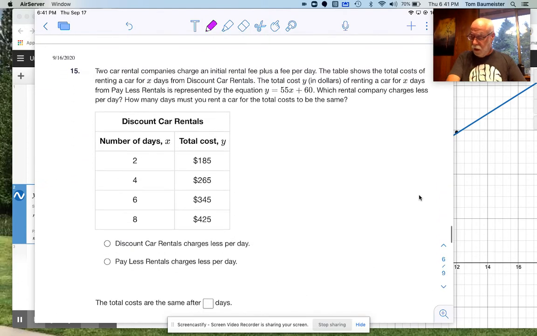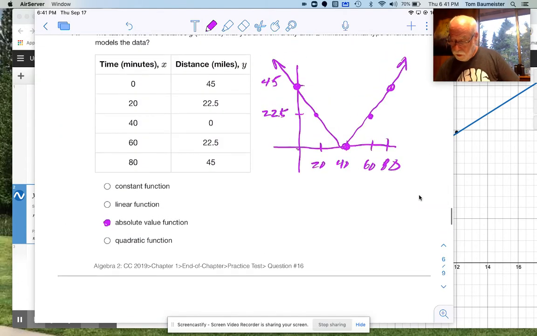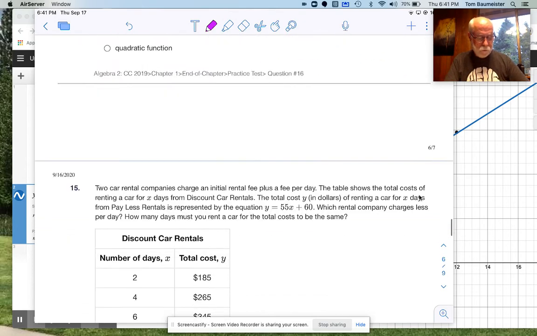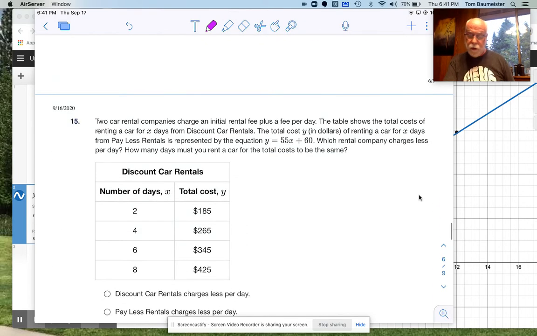And let's see, 15. And I believe that is our last one. So on this one right here, again, if they're giving me a table and I need to find out what it is, we know that Pay Less Rentals is represented by 55x plus 60. And so we need to find a linear equation for this one here. Again, it doesn't matter which ones you use. I'm always going to use the ones closest to each other.